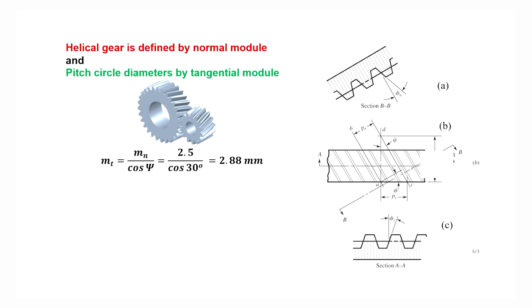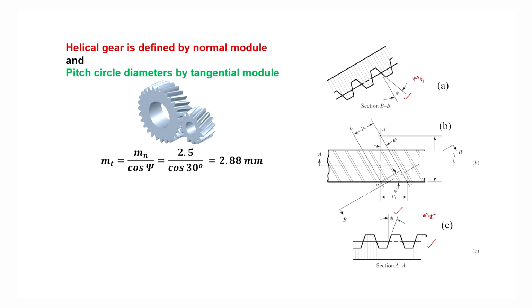the section of the gear teeth in the normal plane and in the transverse plane. Then we have the normal pressure angle and the transverse pressure angle. Similarly, we have a module MT and MN.